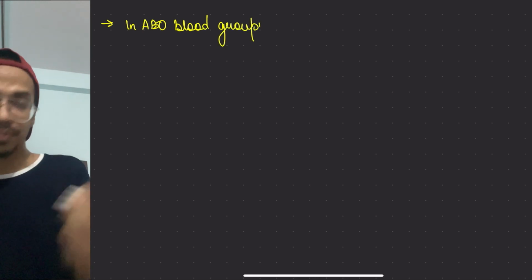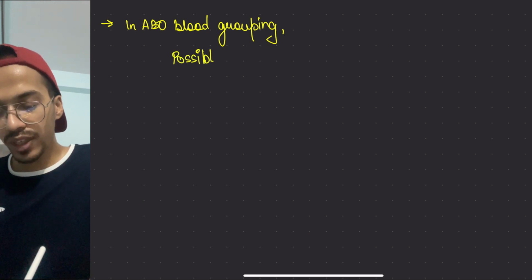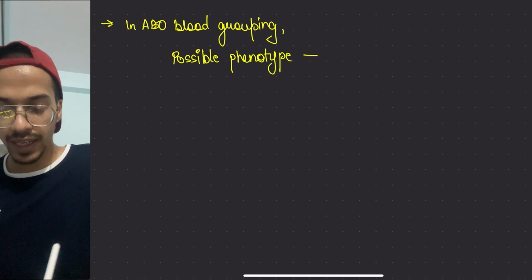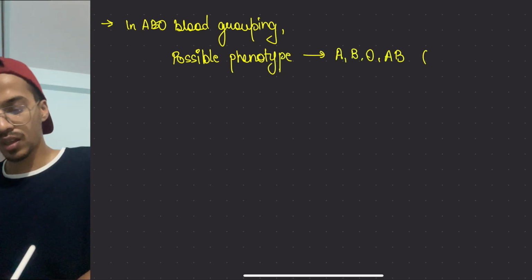That is, in ABO blood grouping, the multiple allelism factor, possible phenotypes are how many? A, B, O, AB. That is 4.